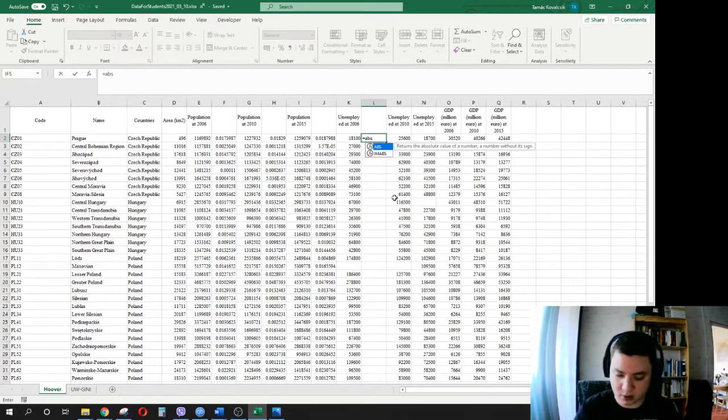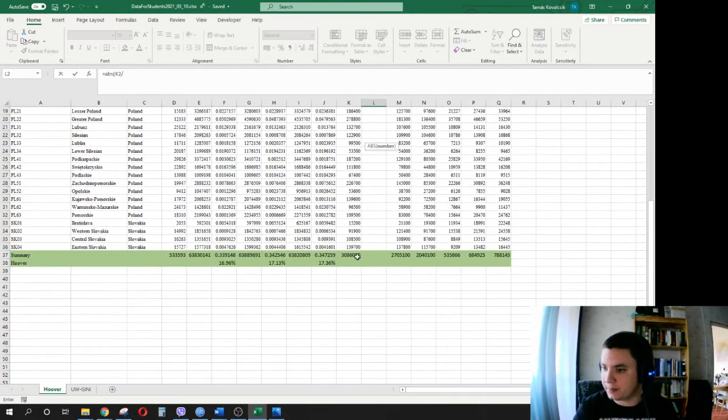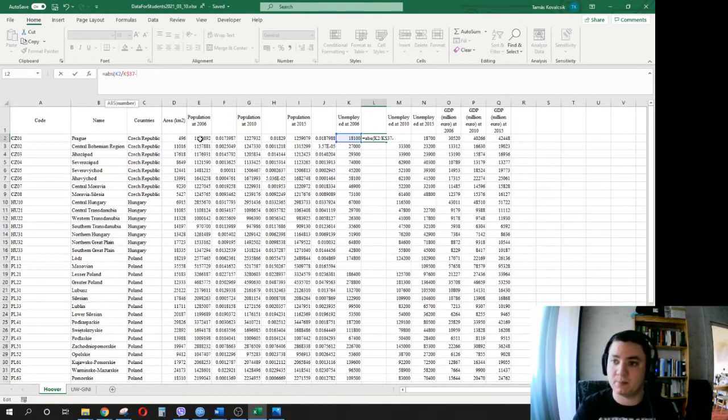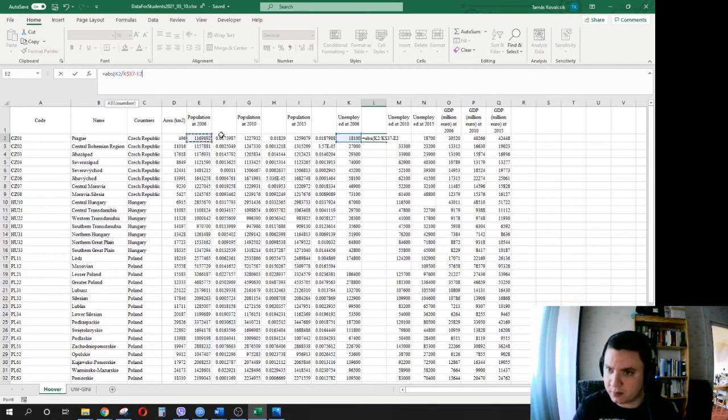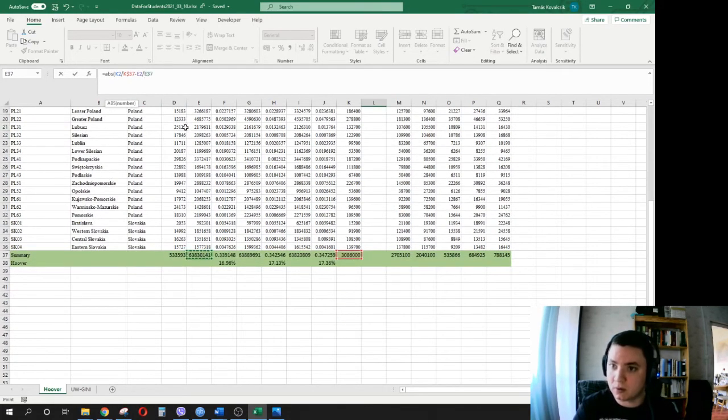So in the calculation of Hoover and any of the indicators, we have to use the formula but minus population, not area, because for the unemployment rate we use the population as the weight. So we have to use the population for the comparison.